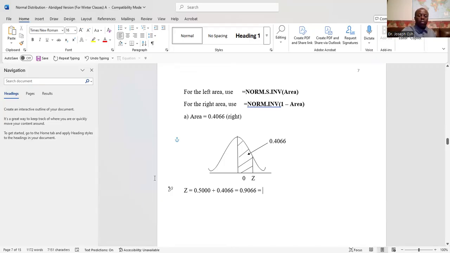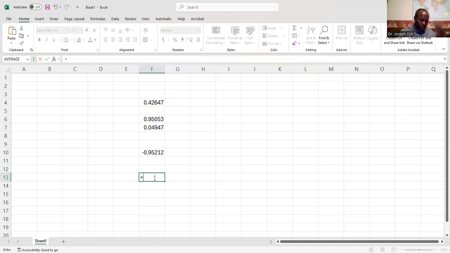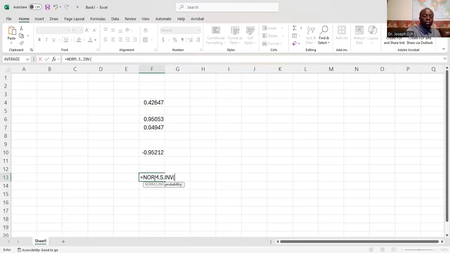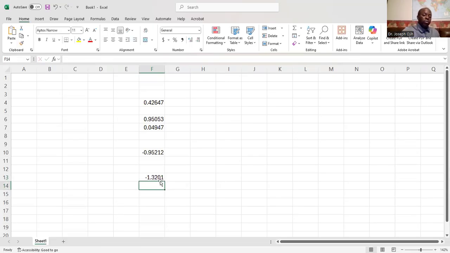So equals NORM.S.INV of 1 minus what you have, 0.9066. Close it, and that'll give you negative 1.32. But it's on the right side, so you're going to use positive 1.32.